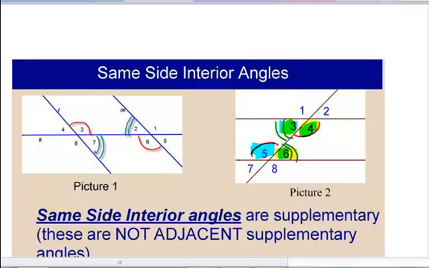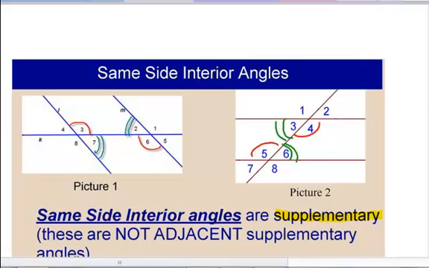What do we know about our obtuse angles and our acute angles? The acute ones are congruent to each other and the obtuse ones are congruent to each other. Therefore, what is the relationship between same side interior angles? They're supplementary, right? There's an obtuse and acute that are going to add up to equal 180.